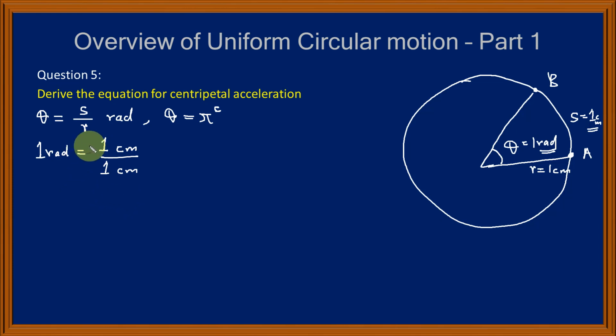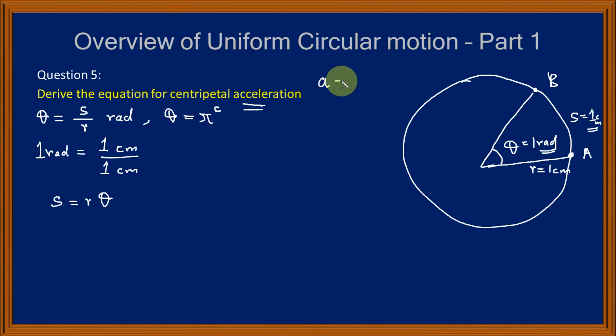Now, having stated that, I want to go back to this situation and say that at this point we can multiply both sides by r, and we are going to get S is equal to r theta. And remember, our aim here is to derive an equation for centripetal acceleration.